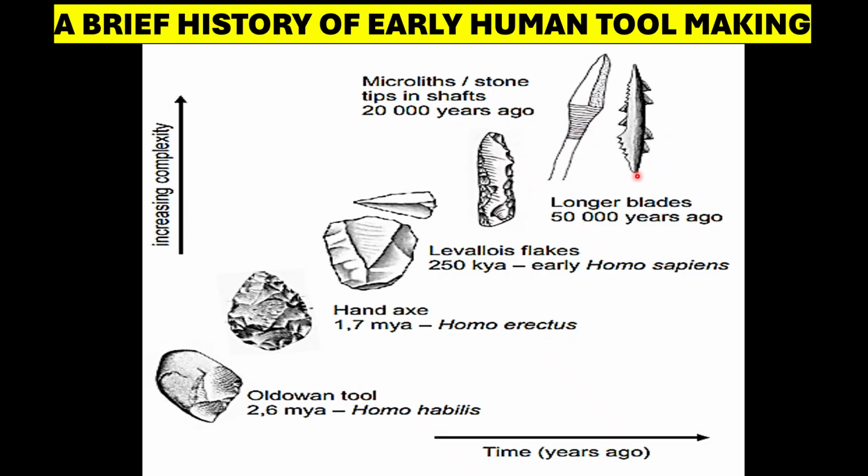You must be more intelligent to do so. In other words, Homo sapiens are more intelligent than Homo erectus because their tools are more complex. It is well invented, technologically advanced. And Homo erectus are more intelligent than Homo habilis because their tools are more advanced.